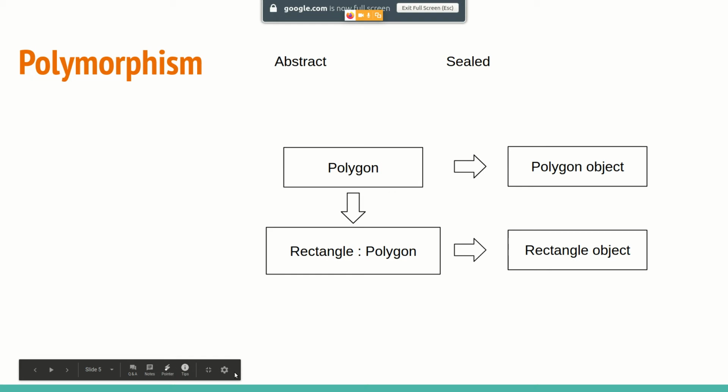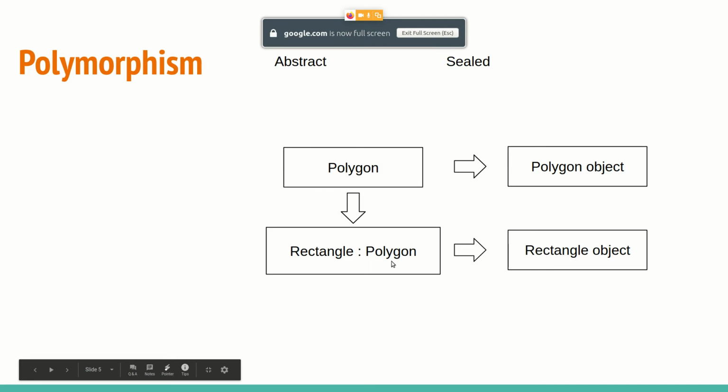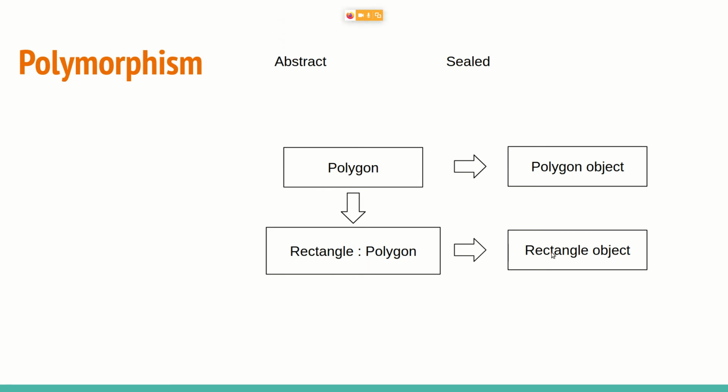Okay, so we have the polygon class, something inheriting from polygon. We can create rectangle objects, but we can also create polygon objects. Okay, cool. So the words abstract and sealed allow us to control how this inheritance works. So we'll start with abstract.